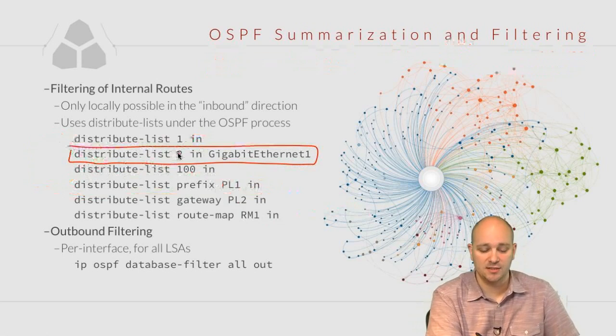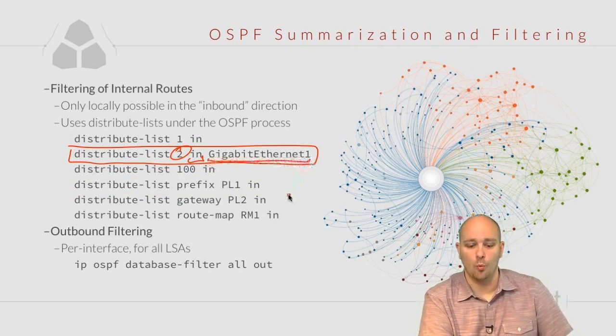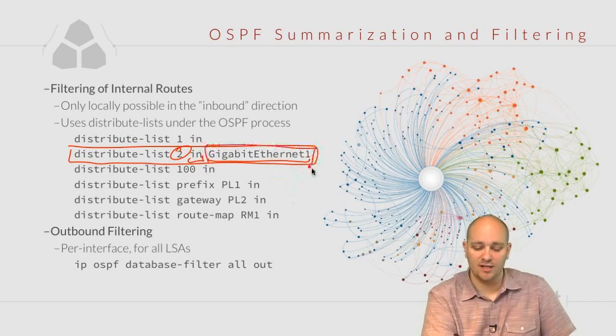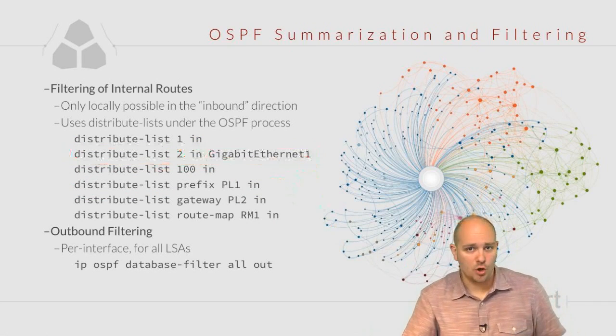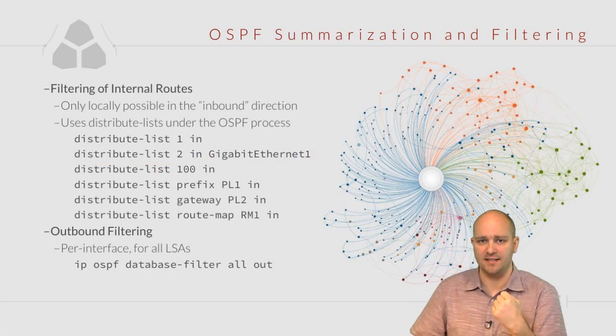Another example that we can use is this. It says distribute-list 2 in, the inbound direction, GigabitEthernet 1. What this command is going to do, remember, is not filter any LSAs. So we are still going to be receiving LSAs.